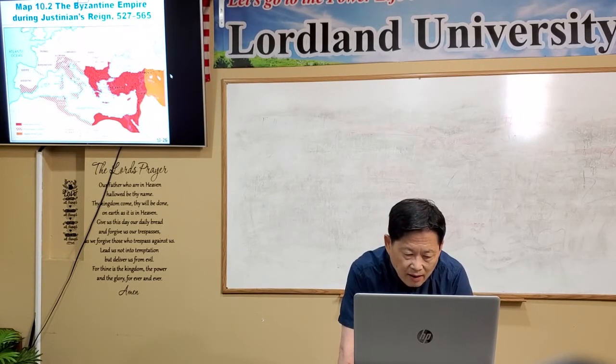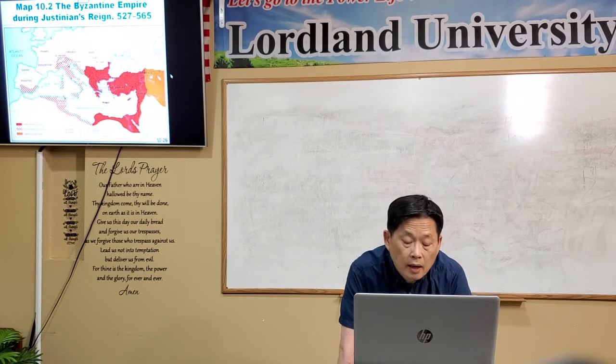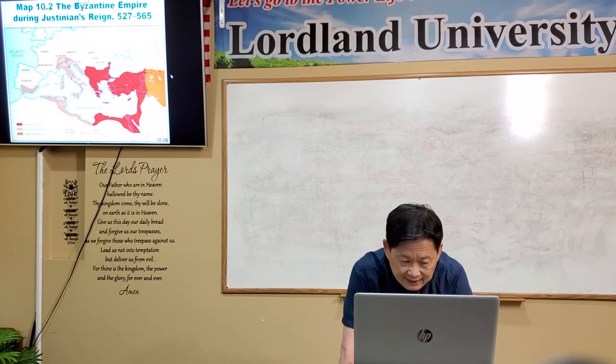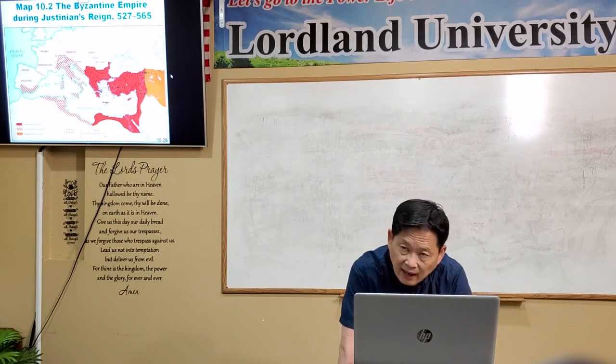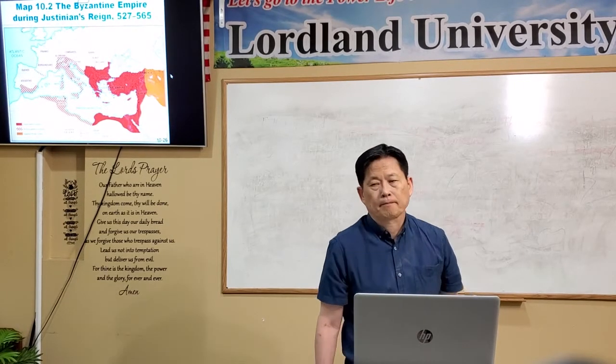The brown color represents the Eastern Roman Empire before Justinian, but after Justinian's conquest, the dotted brown color represents the territory gained by Emperor Justinian, bigger and bigger.